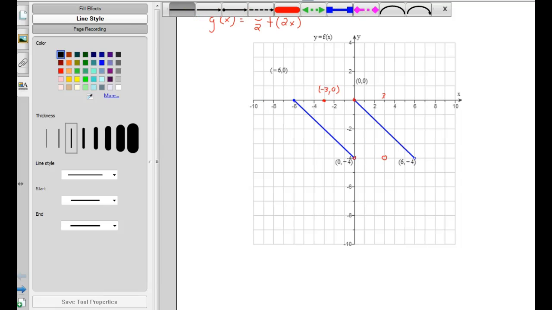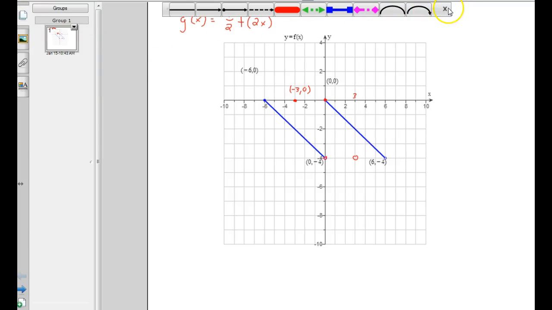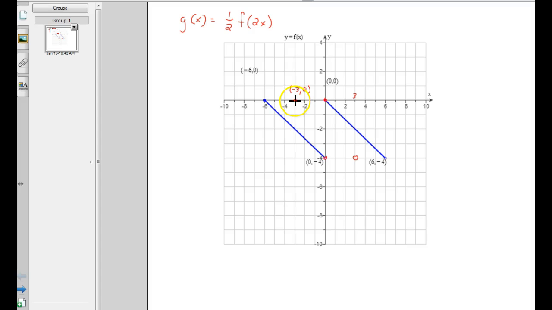I'm just doing the first part. It's compressing this thing horizontally. So temporarily, that blue graph has become this red graph, with the horizontal compression. Again, horizontal compression means we go in from the left and right towards the y-axis.